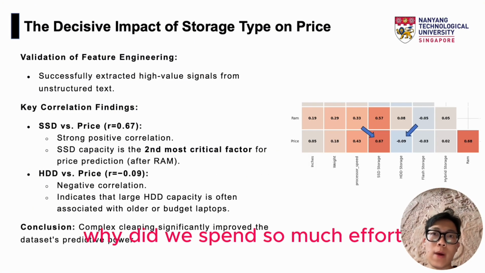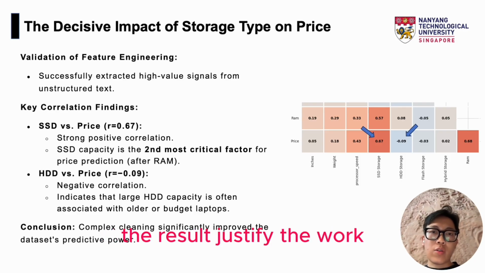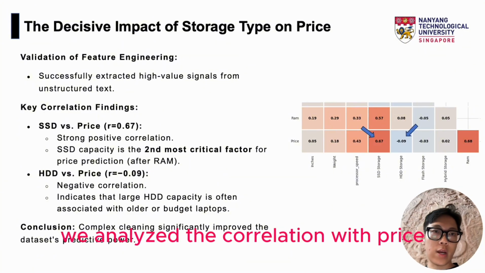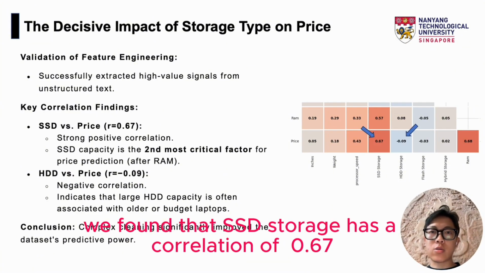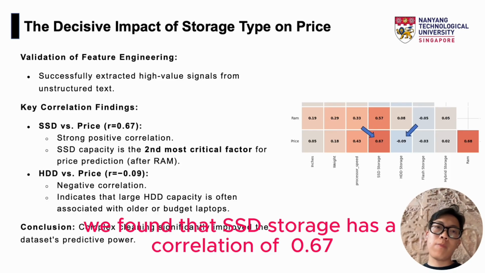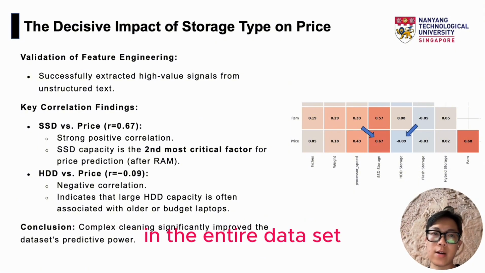Why did we spend so much effort cleaning the memory column? The result justified the work. After converting the text to numbers, we analyzed the correlation with price. We found that SSD storage has a correlation of 0.67, making it the second most important feature in the entire dataset.